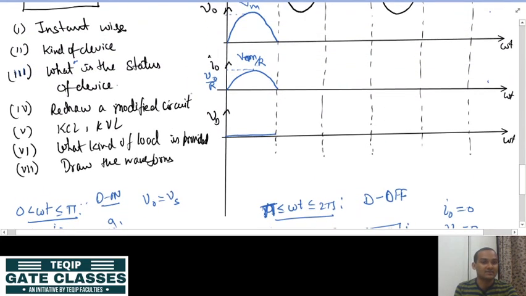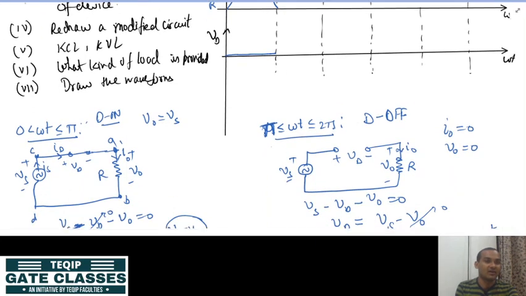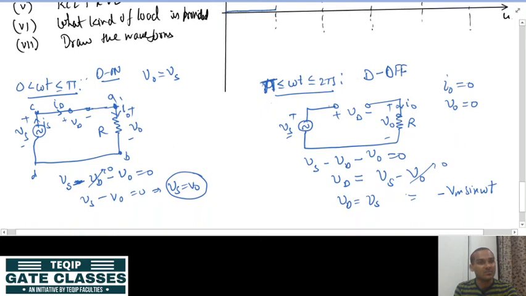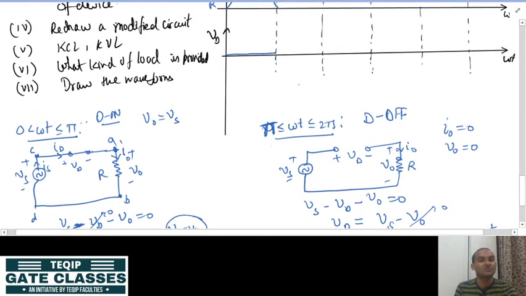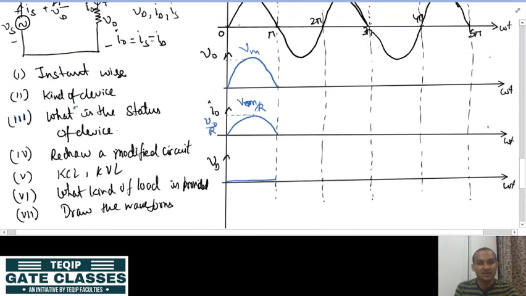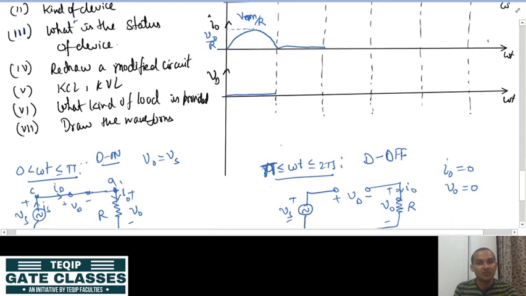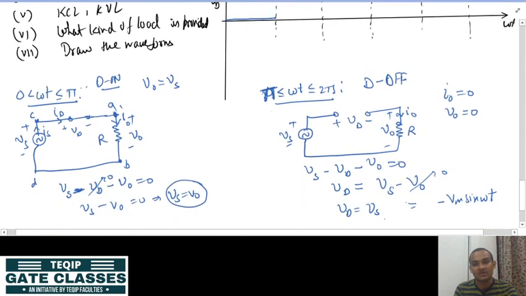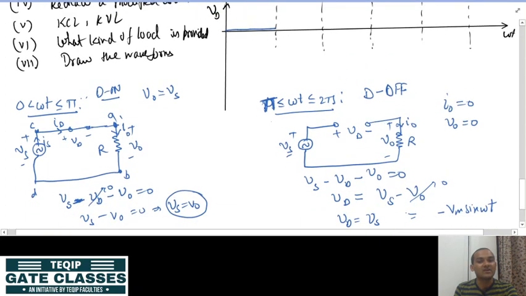So, we have written the KVL and KCL equations also. Since the circuit is off, there is no need to see what kind of load is there, nor draw the waveforms. Here we have already seen that output voltage is 0, output current is also 0, but what is the status of diode voltage? It is equal to Vs, but what kind of Vs value?